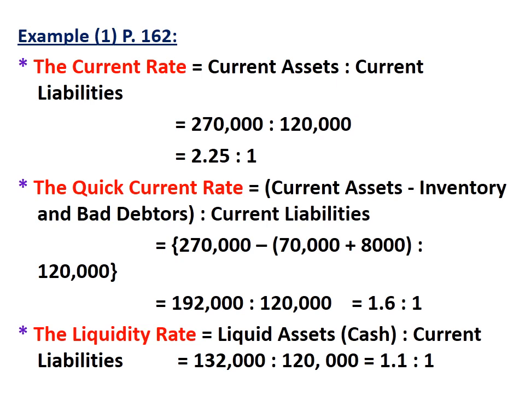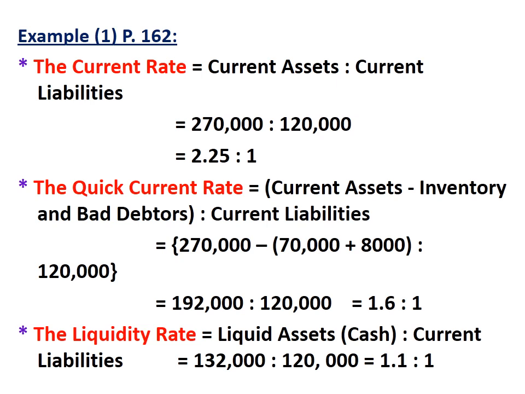The quick current rate means that I will divide by 120 also. That is the current liabilities. But what about current assets? I want the quick current assets. The quick current assets means current assets minus inventory and bad debtors. The bad debtors, he told me that 8,000 and inventory 70,000.